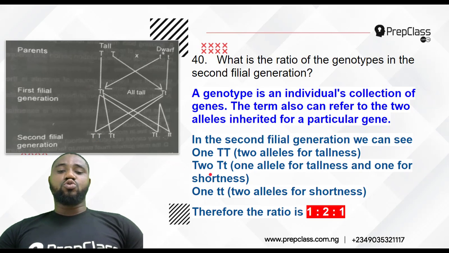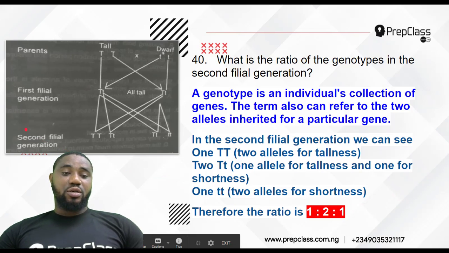We can see 2 capital letter T, small letter t, this and this, this and this. Capital letter T, small letter t, there are 2. That is 1 allele for tallness and 1 for shortness. And we can also see 1 small letter t, small letter t, which is 2 alleles for shortness.